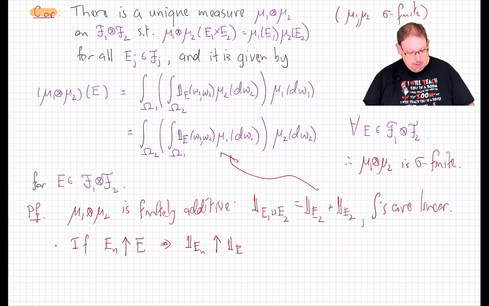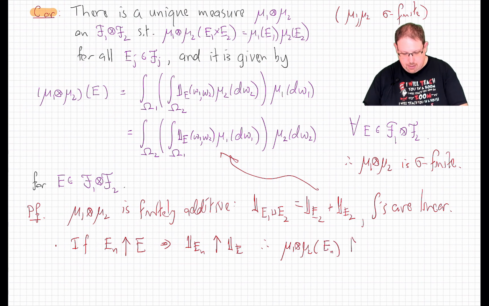And then we'll get the same increasing property for these as functions of the other variable, and apply the monotone convergence theorem again to the double integral. And so we will therefore get that the product measure of En increases to the product measure of E by the monotone convergence theorem.